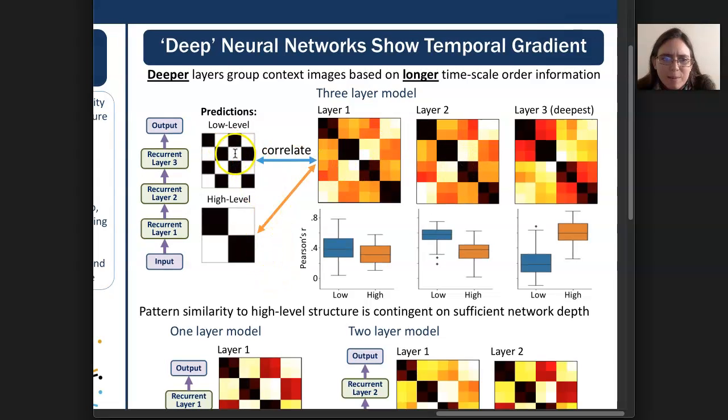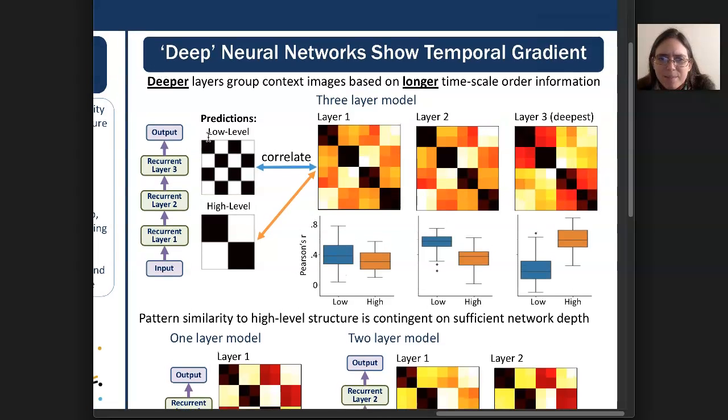The context cue images have low level and high level order conditions. So, 4 of the context cue images will share a low level order assignment. 4 of them will share a high level order assignment, and 2 each will share both assignments. So that's how you can break down the similarity structure.